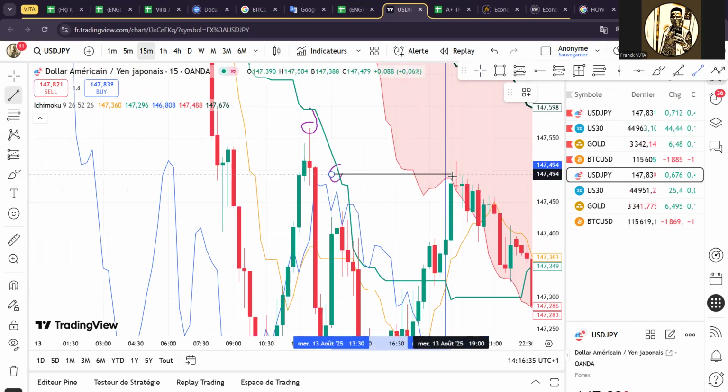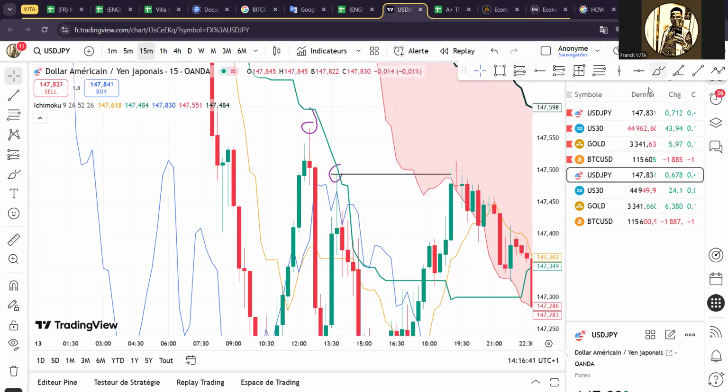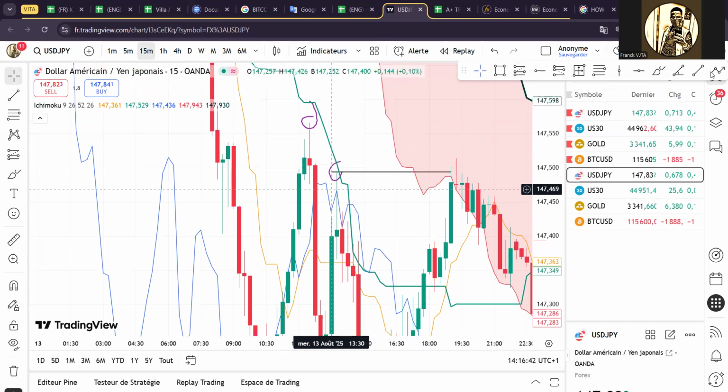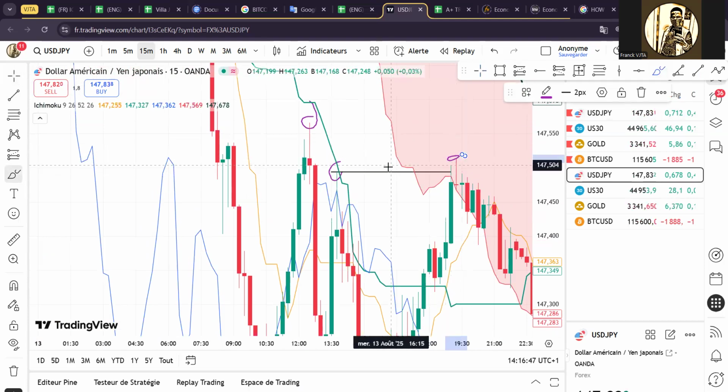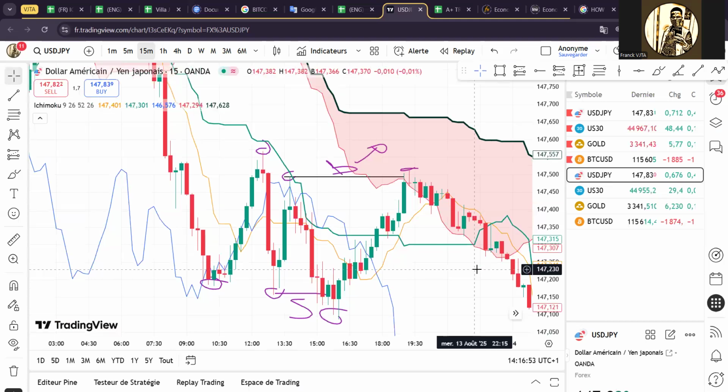And then you will see that this candle's wick on the left is being broken by the other one. So this one is already a buy. So you could have told yourself, okay, price is telling me to buy.